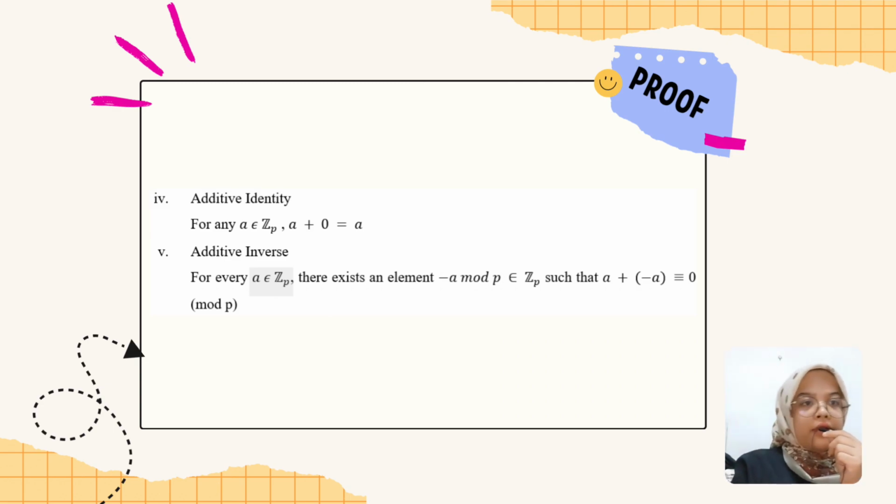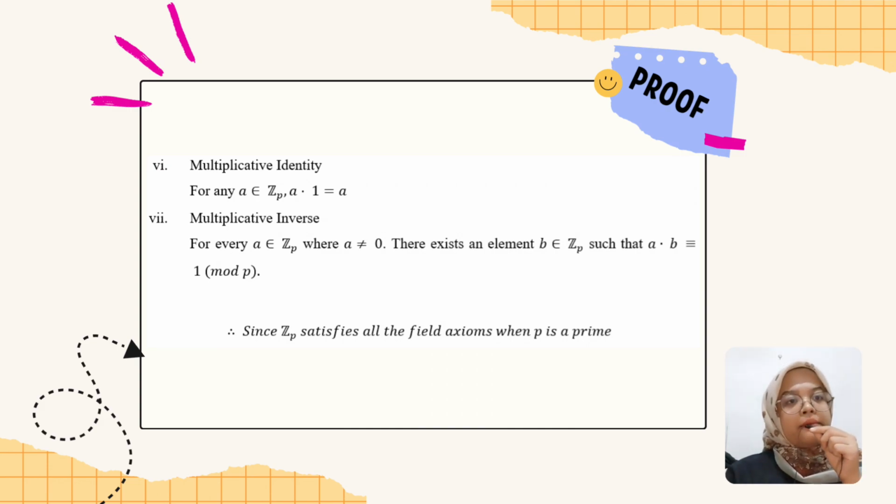Proof number 5, additive inverse. For every A in ZP, there exists an element negative A mod P in ZP such that A plus negative A equal to 0 mod P. Proof number 6, multiplicative identity.